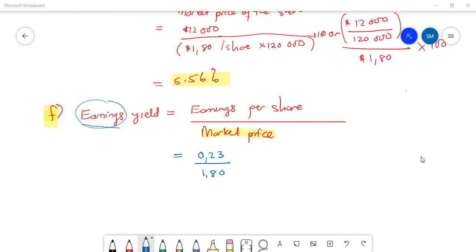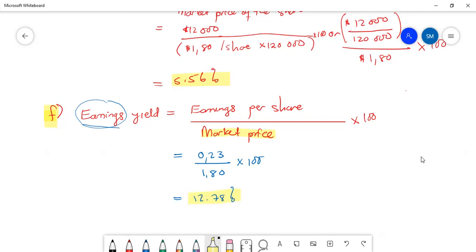And you always know that everything that has a yield, we multiply by 100. So 0.23 divided by 1.8 times 100, what do we get? 12.78%. Yes.